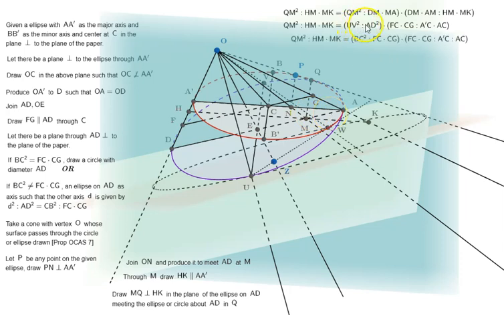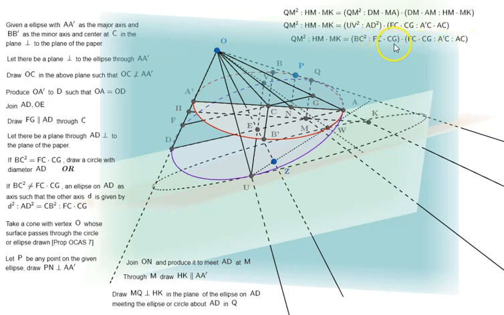Now, UV square is to AD square is the same ratio as BC square is to FC times CG. So we substitute UV square is to AD square with BC square is to FC times CG, and we already have FC times CG is to A prime C times AC.